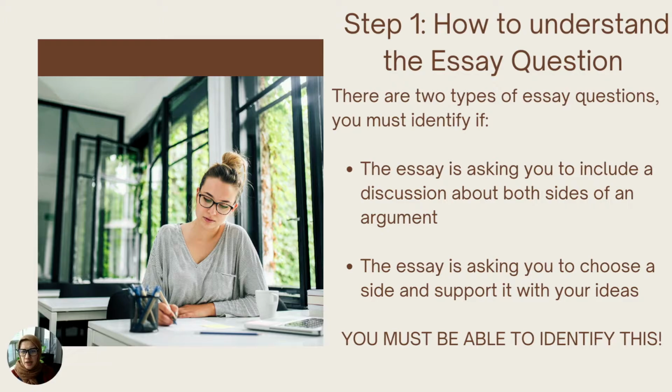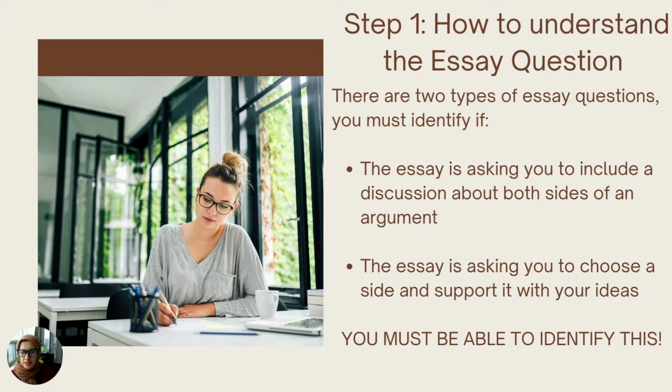So step one, we are going to discuss step one. It includes how to understand the essay question. Just so you know, there are two types of essay questions that you should be able to identify before you're writing your essay, because the format of each one is a bit different.